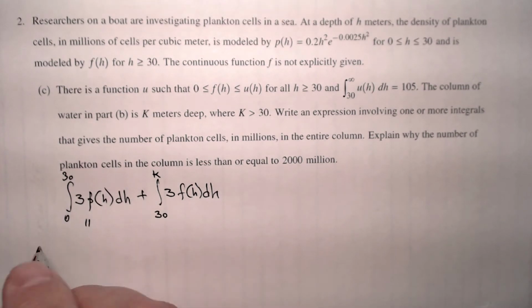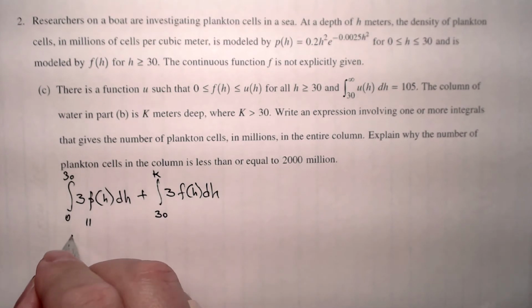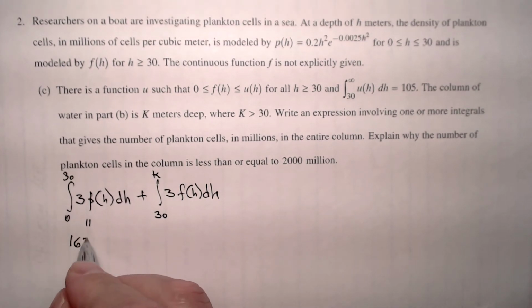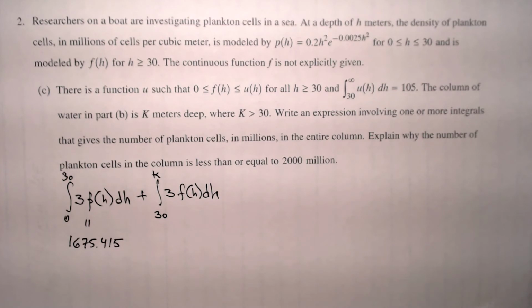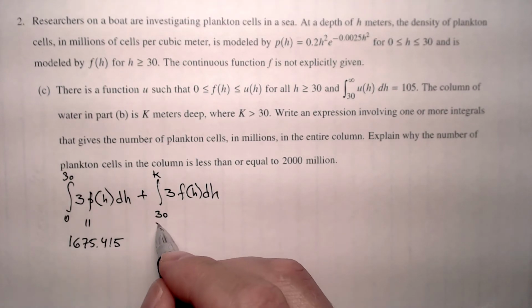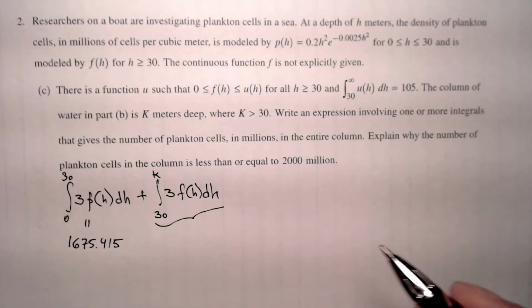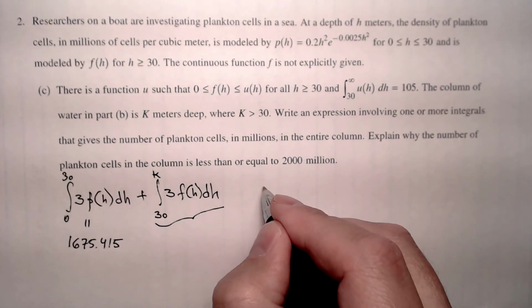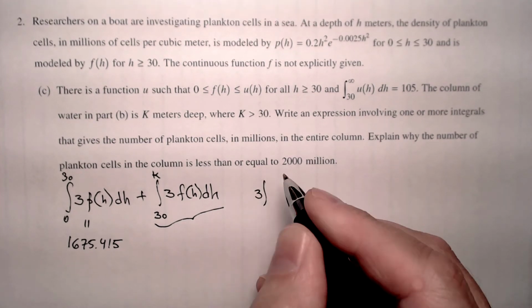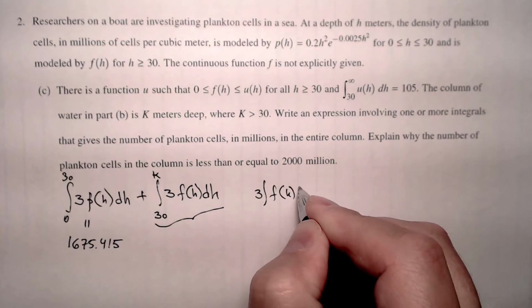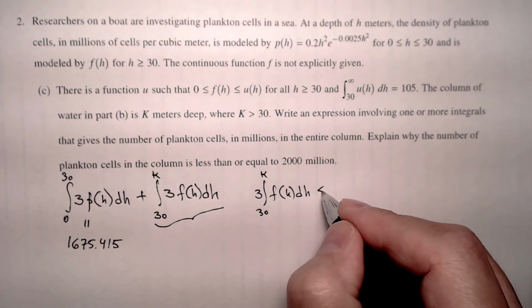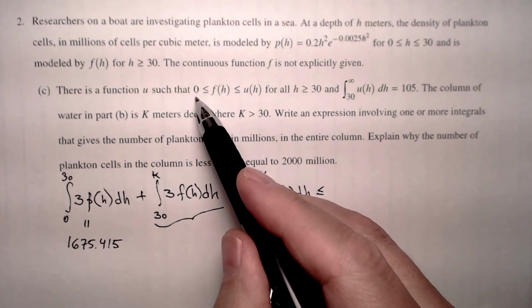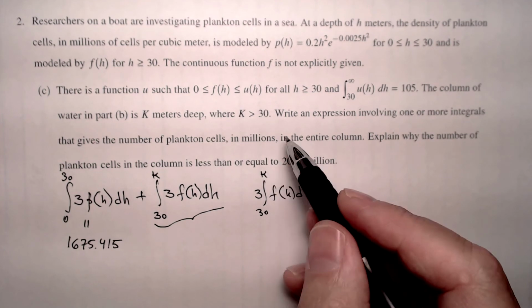This number we calculated in part B, and this is 1,675.415 millions of cells. And so we need to approximate this number, or find the maximum on it. So this integral of 3 f of h dh from 30 to k is less than or equal, because f of h is greater than 0, we can just extend this limit to infinity.